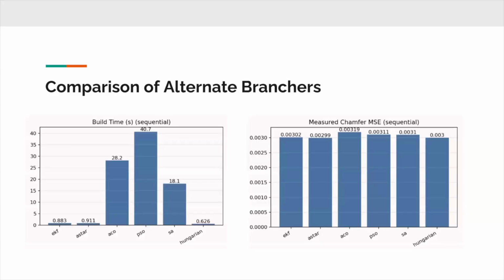So this is the comparison of just alternate branchers. As you can see, A-star and Hungarian rival the standard, which is EKF, and some of the other slower methods do still show promise, but not nearly as much as A-star and Hungarian.